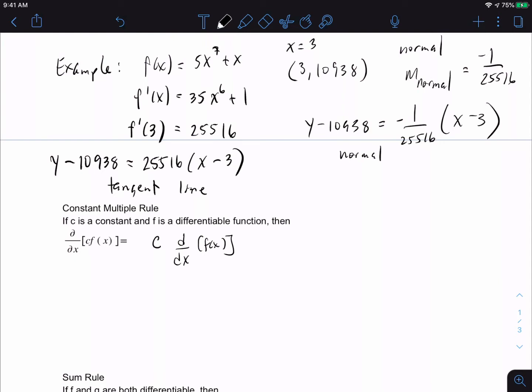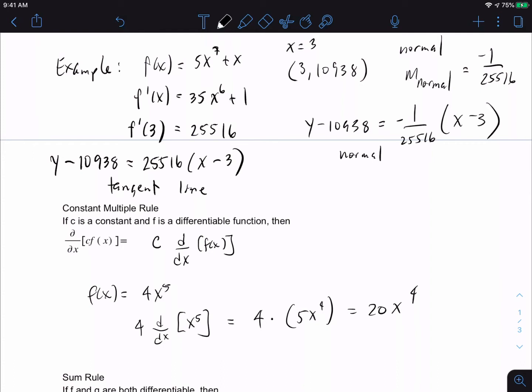So if I have 4x to the 5th as my function, I can go 4 times the derivative of x to the 5th, and that's going to be 4 times 5x to the 4th, which will give me 20x to the 4th. We did that already, but just reinforcing the rule.